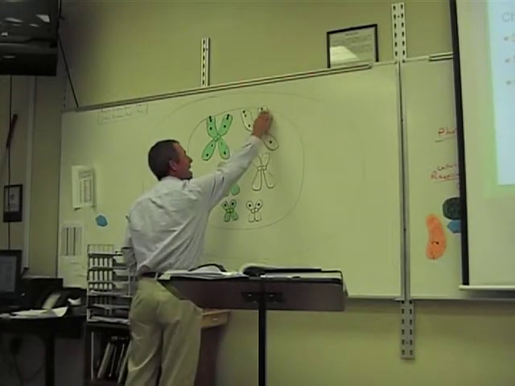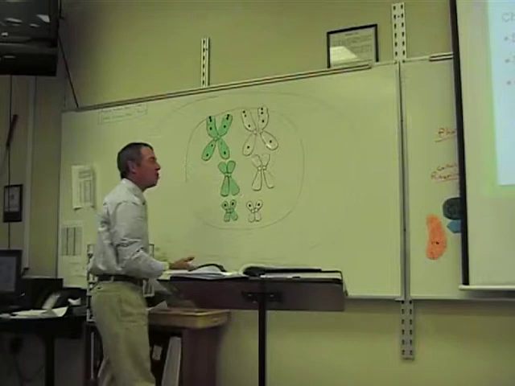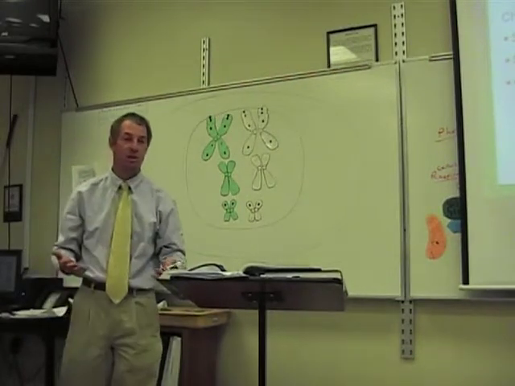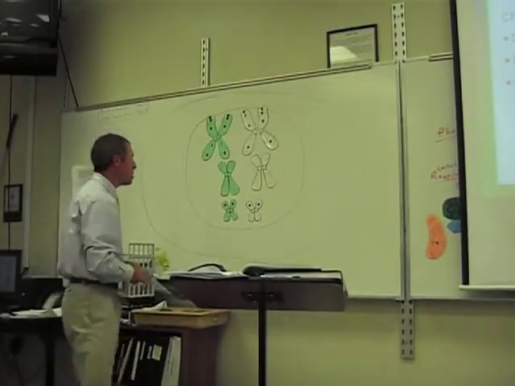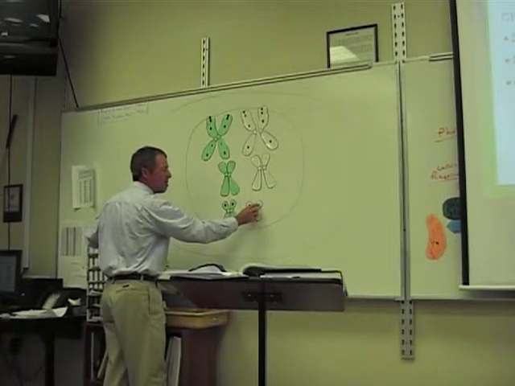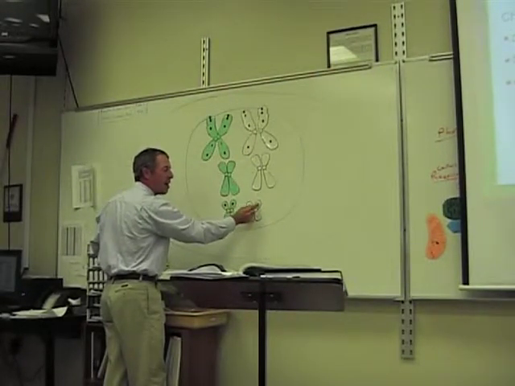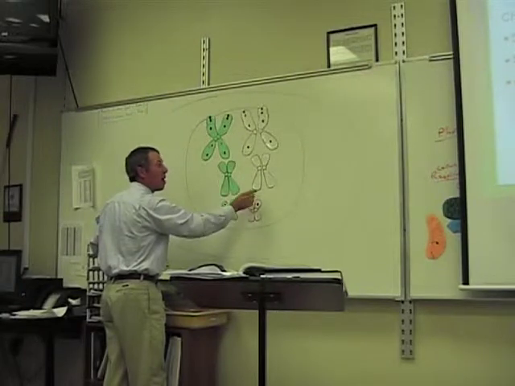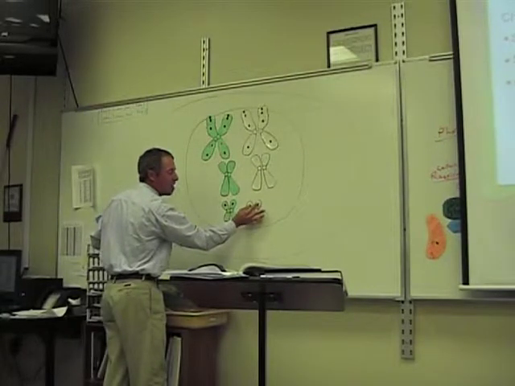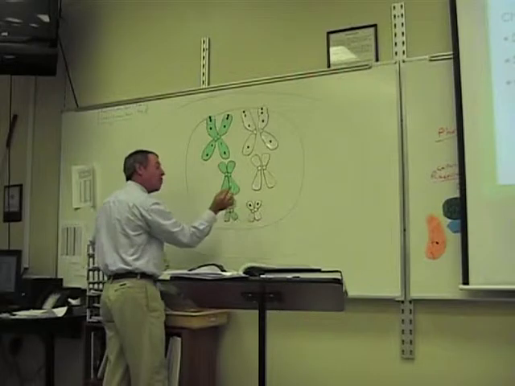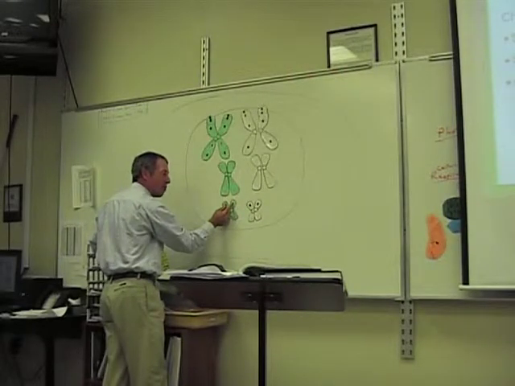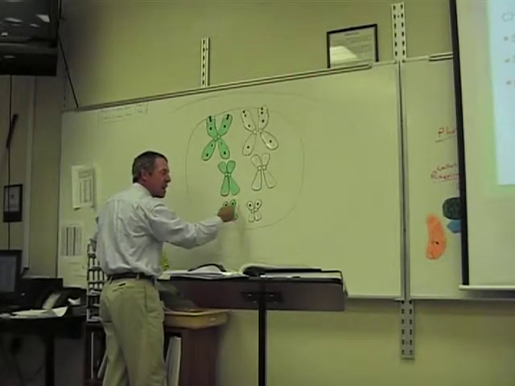And the DNA carries your genes, your traits. For instance, if right here where this black dot is information for eye color, you got one eye color gene from your mom. You also got an eye color gene from your dad. And it's on the same chromosome in the same location.